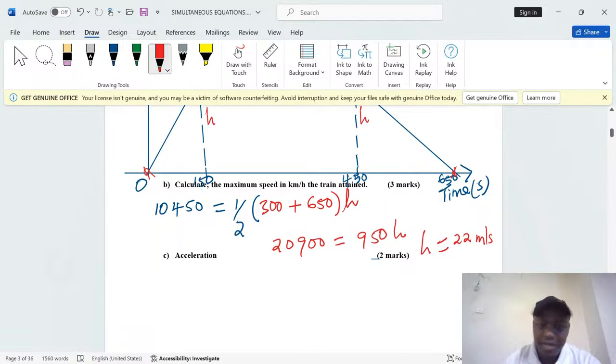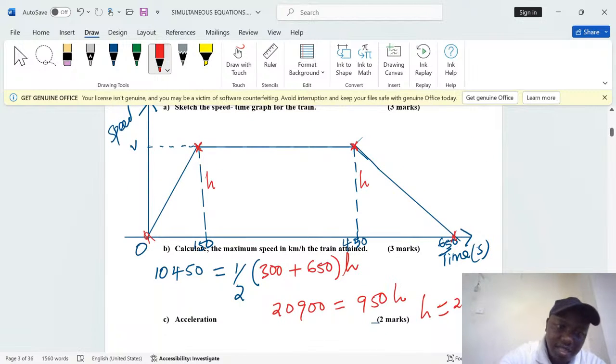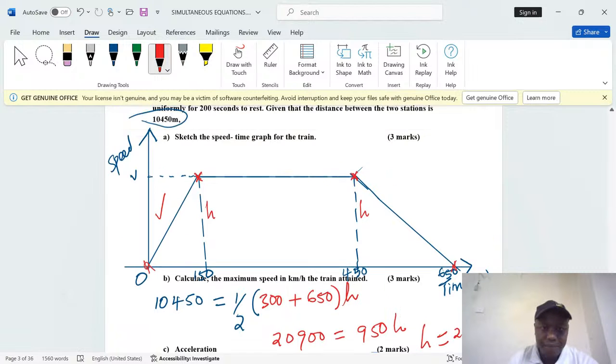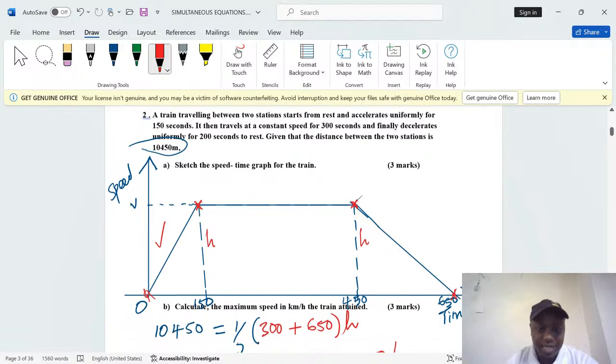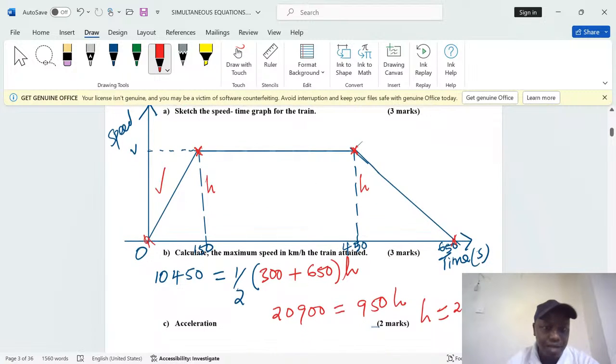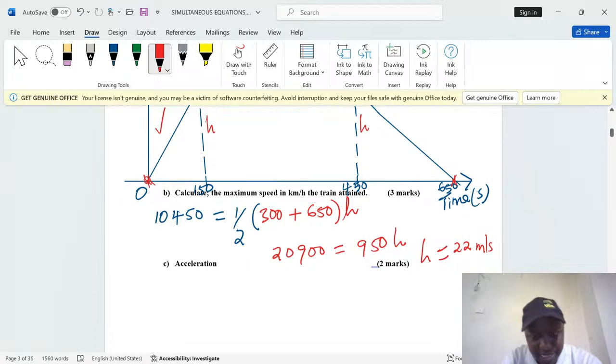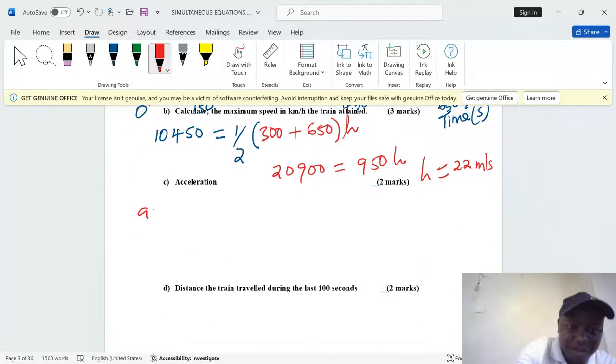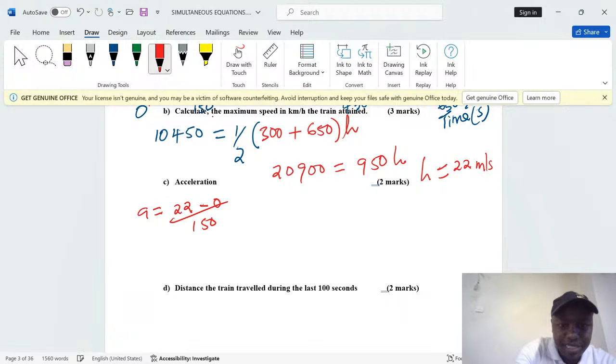We were also told to find the acceleration. Remember that this is the part where the train is accelerating. So acceleration is given by the gradient of that line, or simply we can talk of starting from 0 all the way to 22. Now we have known the height here is 22, from 0 to 22 within 150 seconds. Therefore, acceleration will be given by the final velocity of 22 from 0 within 150 seconds.